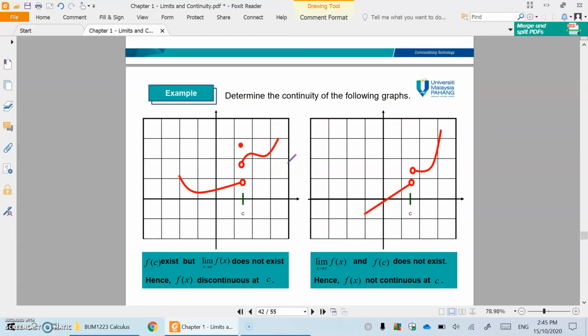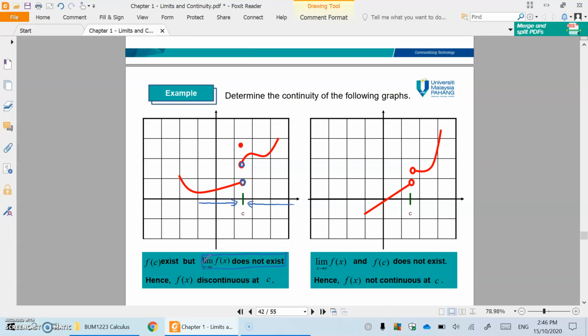Next example. Finding the limit of f(x), approaching c from the left, we have the left side limit at this point, and approaching c from the right, we have the right side limit here, so our limit does not exist.